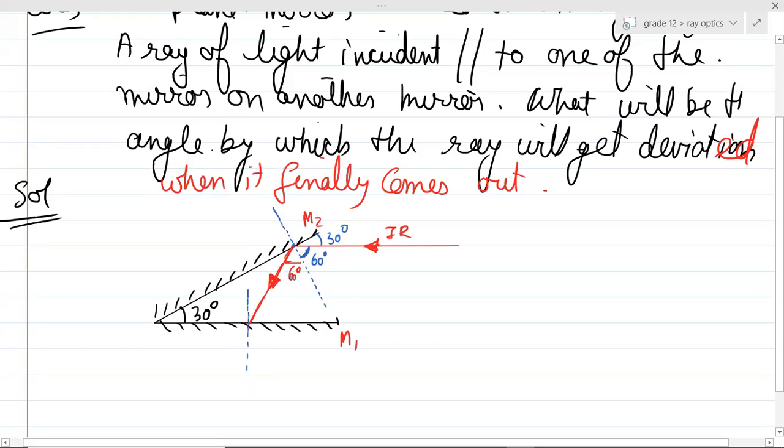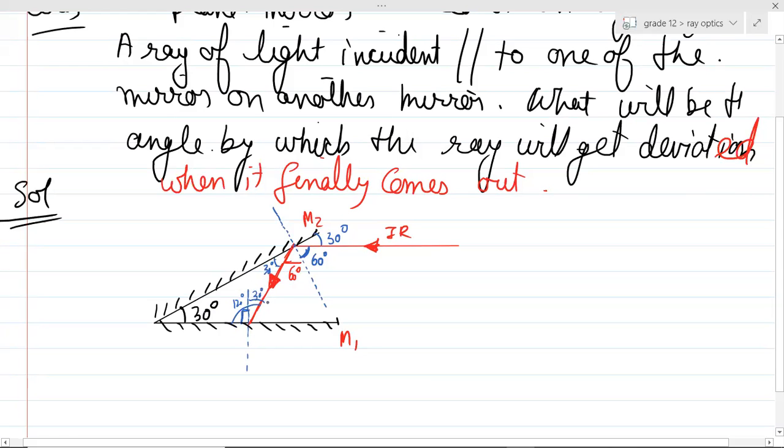If this is 60, then this is again 30. If this is 30, then what is this? This angle is 90, this is 30, this is 30, so this whole thing will be 120, right? If this whole thing is 120, then this is 90, then this will also be 30, right?